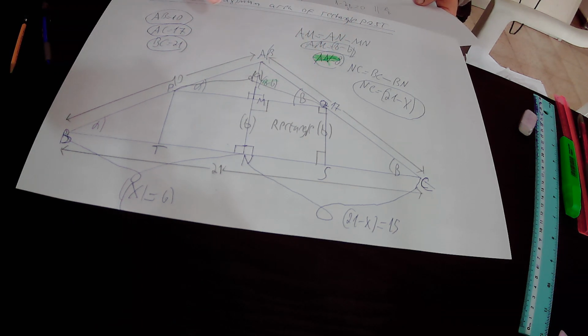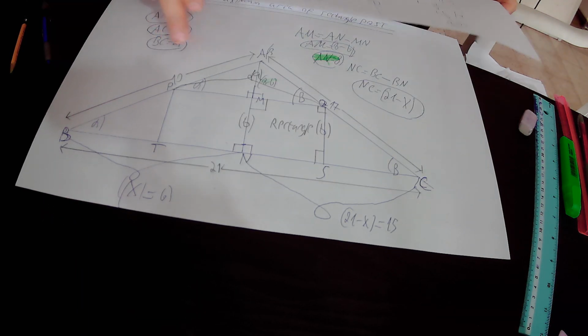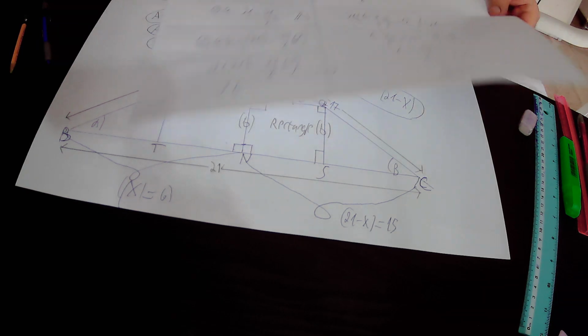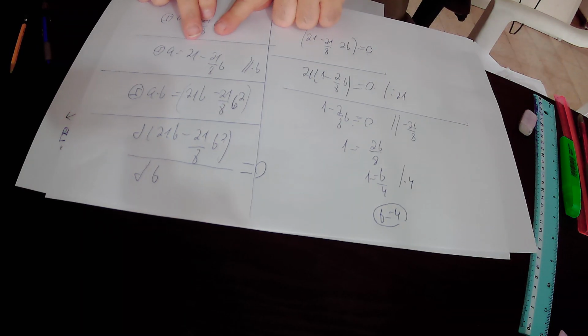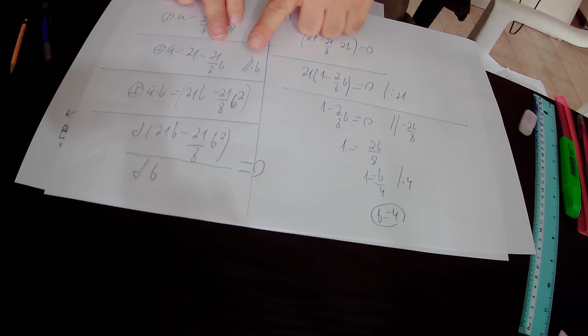That is the area that we are looking for. So A times B is the area of this rectangle. And here we have to multiply this side of the equation by B. 21 times B is 21B, and minus 21 over 8 B times B equals minus 21 over 8 B squared.